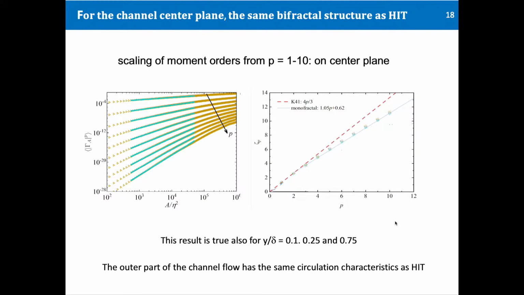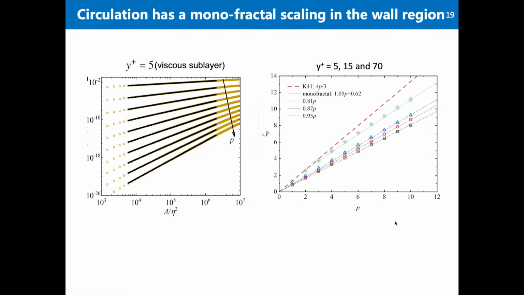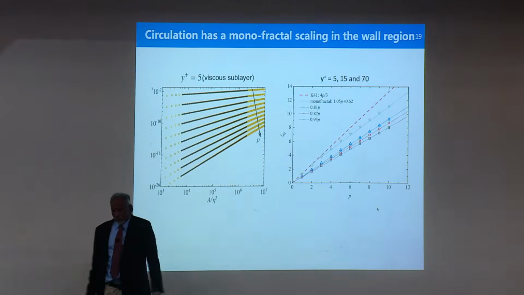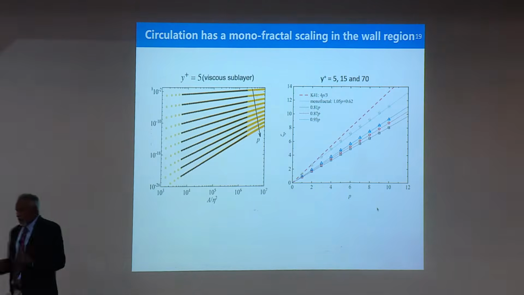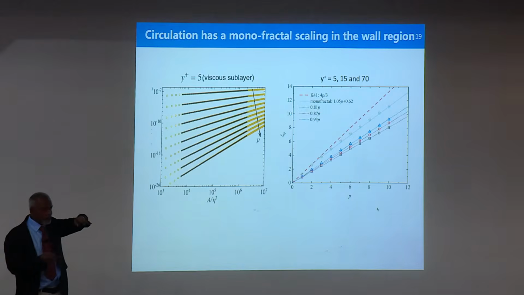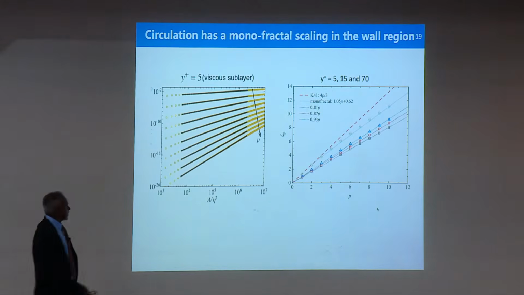This simplifies things enormously. Now we want to approach the wall. So I approach the wall, and the distance from the wall is measured in terms of the so-called y plus, and y plus of 5 is very close to the wall, and I can increase it, go more and more until I hit the channel center line, which I already know what it's about.